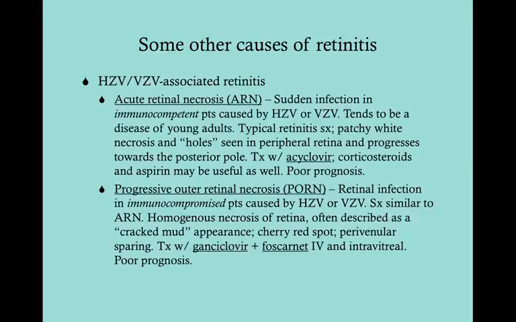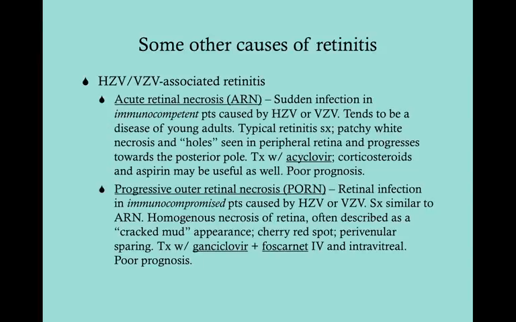And this pretty much is similar in all means to acute retinal necrosis, but the appearance is a little bit different. So this generally doesn't have those holes. It's usually a homogeneous necrosis, and it has what's known as a cracked mud appearance. And that cracked mud appearance is due to sparing along the veins.